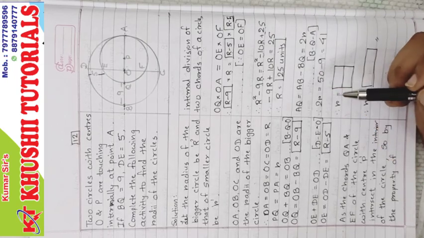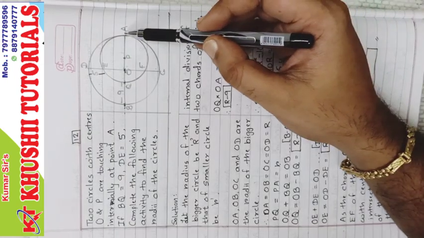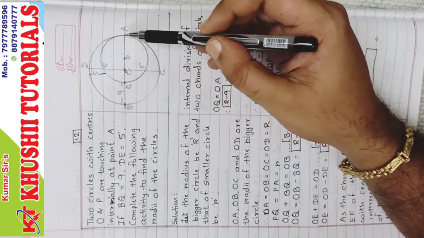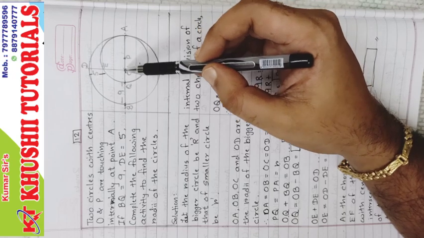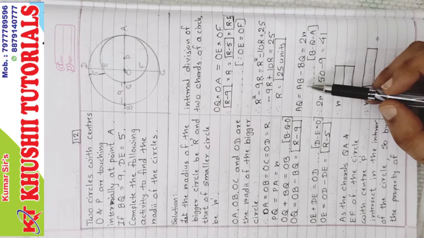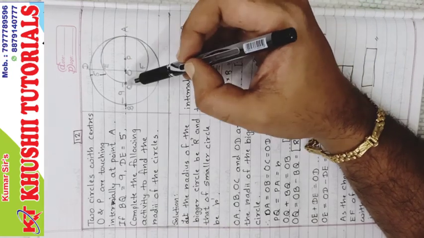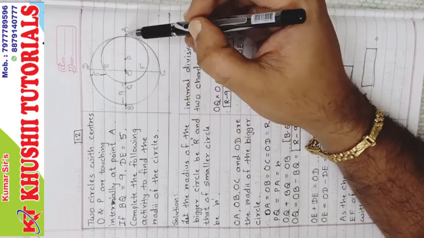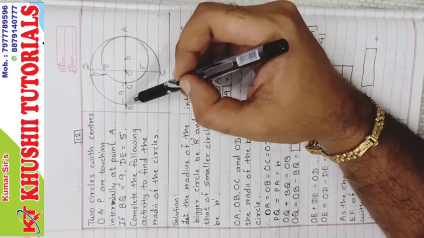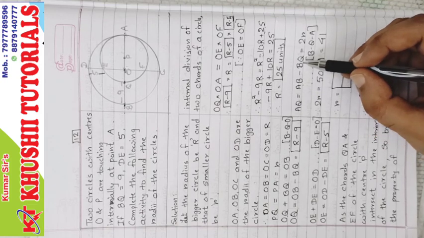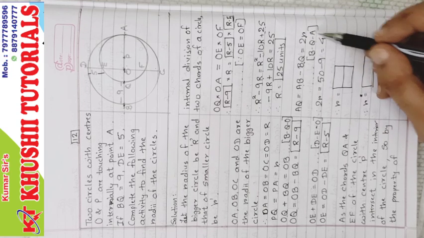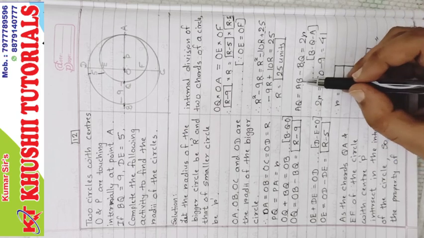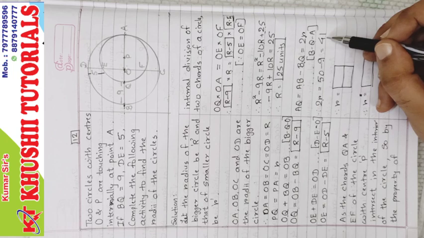As we get r equal to 25 units, now AQ is sum of AO plus OQ. And AQ, we can even write AQ equal to AB, which is diameter, minus BQ. So AB minus BQ, correct, which is equal to 2r, double of radius, that is B dash Q dash A. So 2r is 50 minus 9, which is 41.